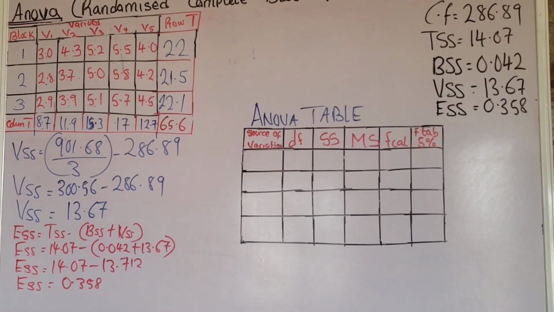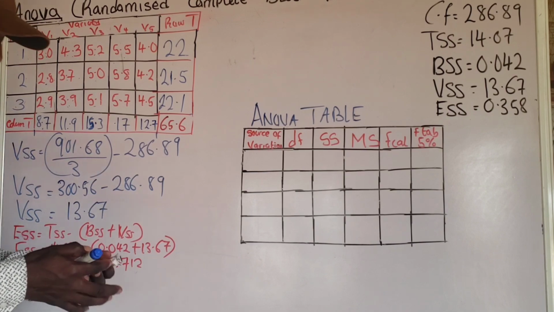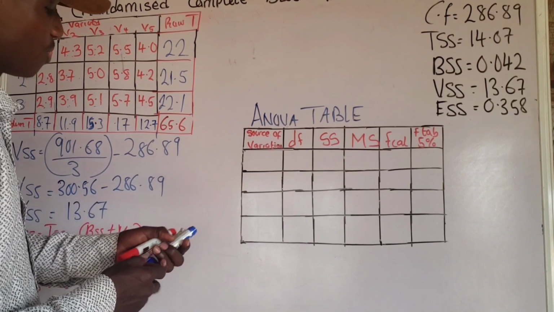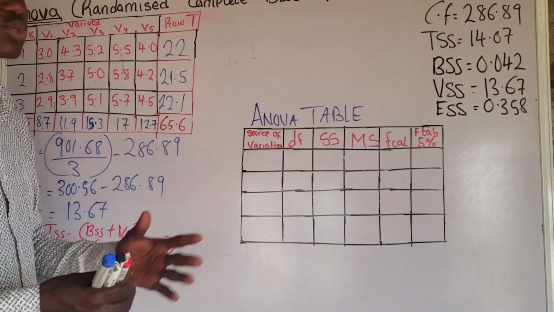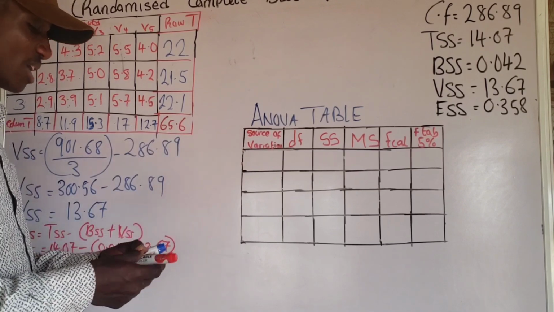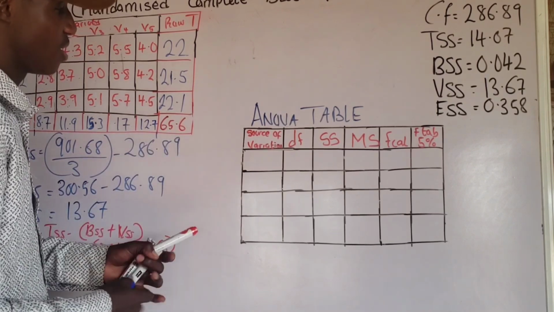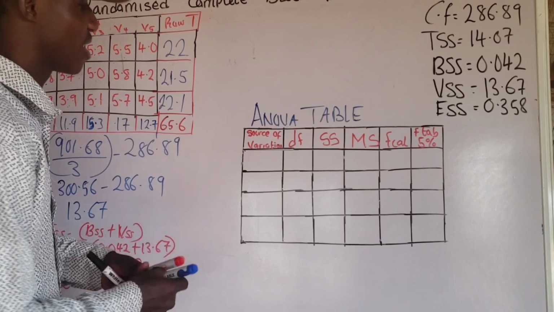Do you understand? Okay, so let's start by filling this Anova table. We have the source of variation. Since Anova deals with analysis of variance, we can have the total. Hello, source of variation could be total.